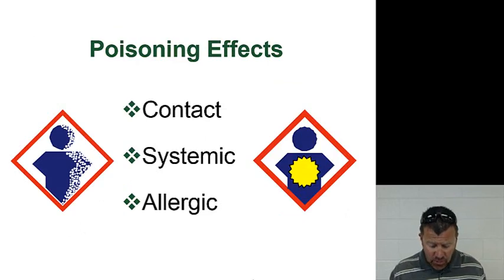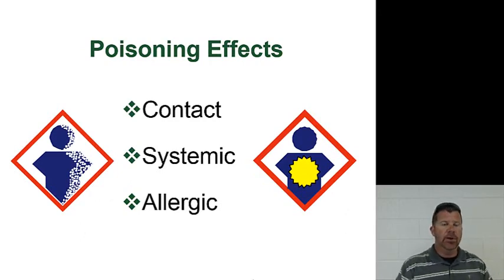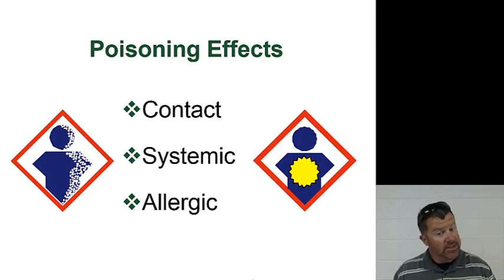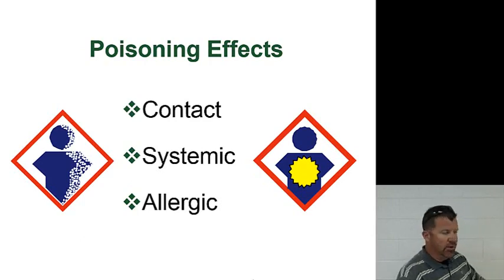Poisoning effects. We have contact, we have systemic, and we have allergic. And think about this. We talked about in a previous unit, contact pesticides, systemic. Same thing when we're spraying our plants. We have some pesticides that we can spray on the plant. Contact kills it right away.